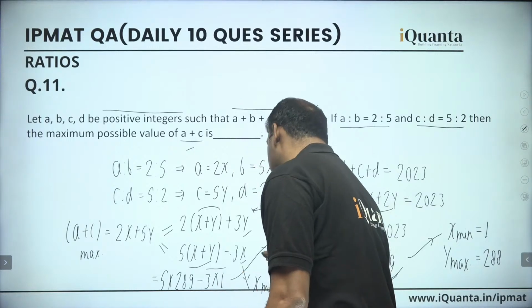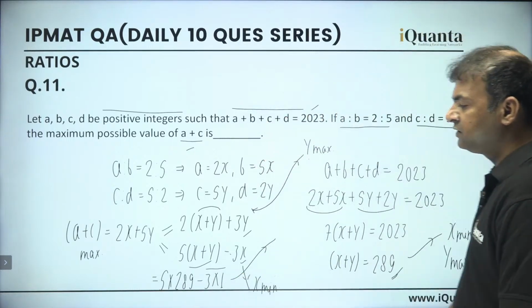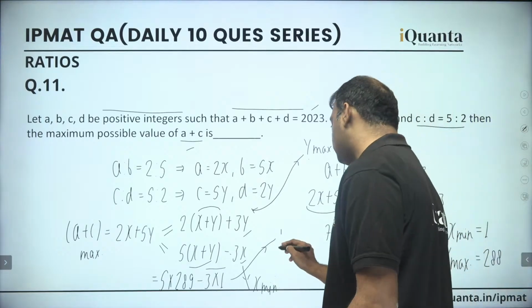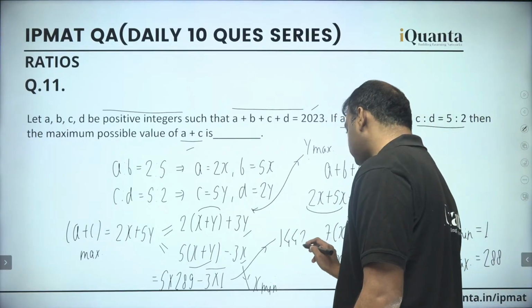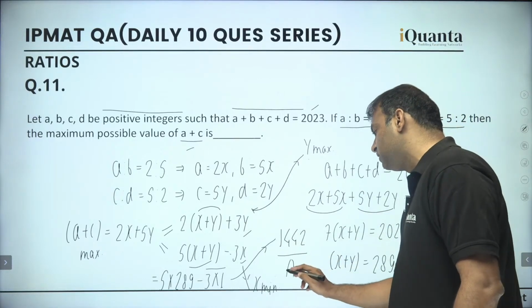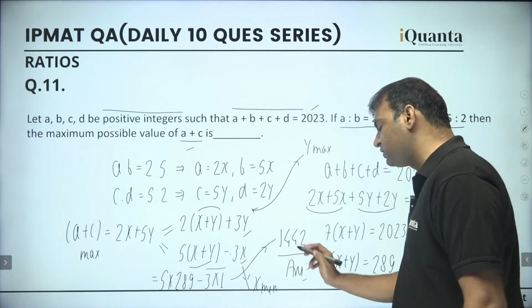And this will be how much? 5 into 289 is how much? We can say 5 into 300 minus 5 into 11, which is 1500 minus 55, 1445, minus 3 is 1442. We'll get the same answer from here also, but this is easy in terms of calculation, so I just used this. I hope this is clear to everyone.